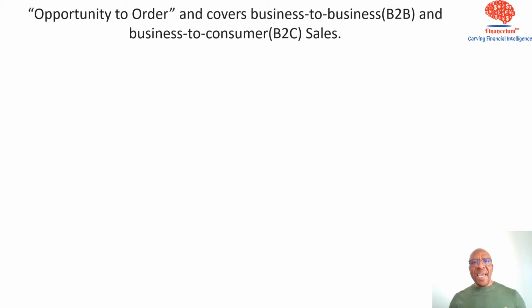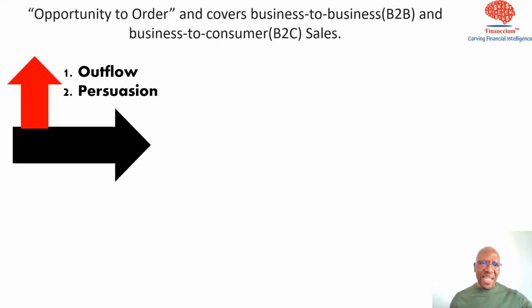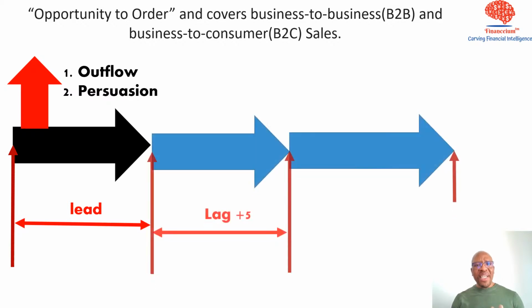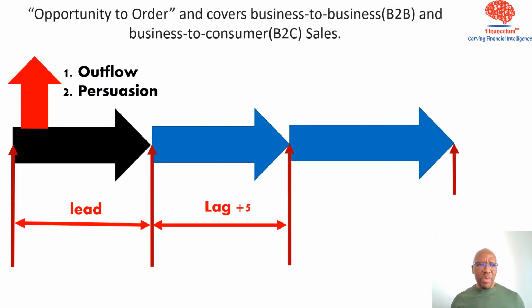Now, what we've discussed so far excludes the period when you're still pursuing the business, still getting the contract and engaging with clients, and when there is a negative cash movement. There's an outflow of money, which would otherwise reflect in your financials as cost of sale. Here you've got the lead period, from when you start engaging the client to when you get the contract and conduct the work.